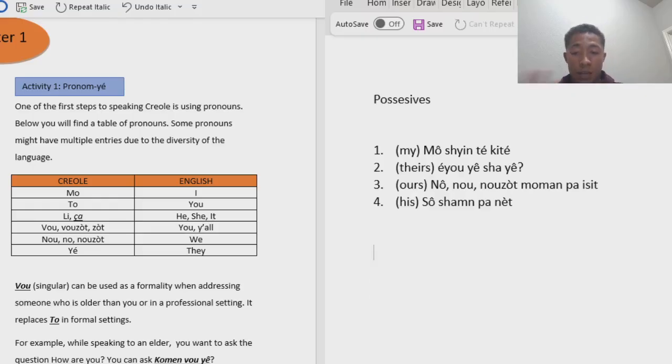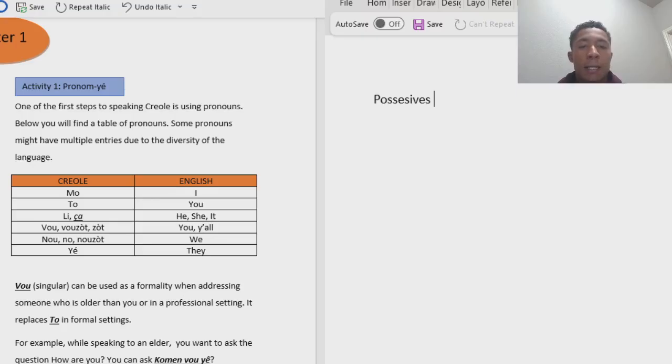Now, I was asked about mine. I forget the actual linguistic term for this one, but I'm gonna just do possessive part 2. So we're looking at mine, yours, your own. Actually, that's a better translation.